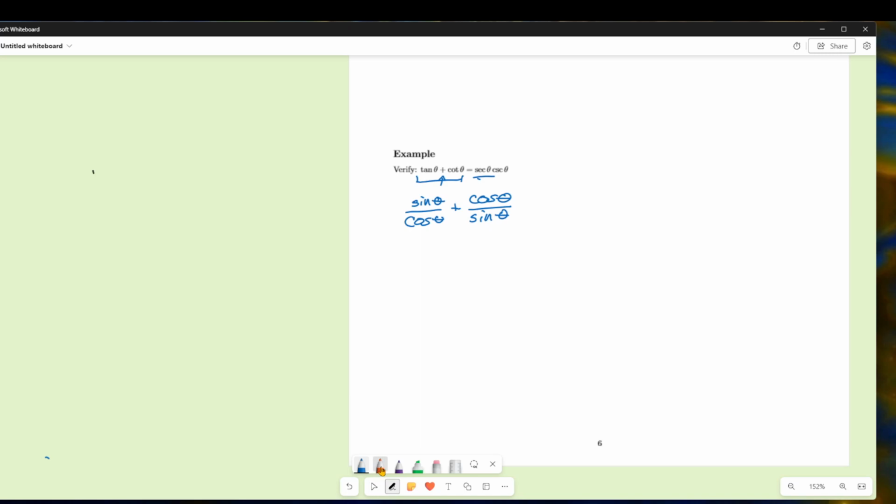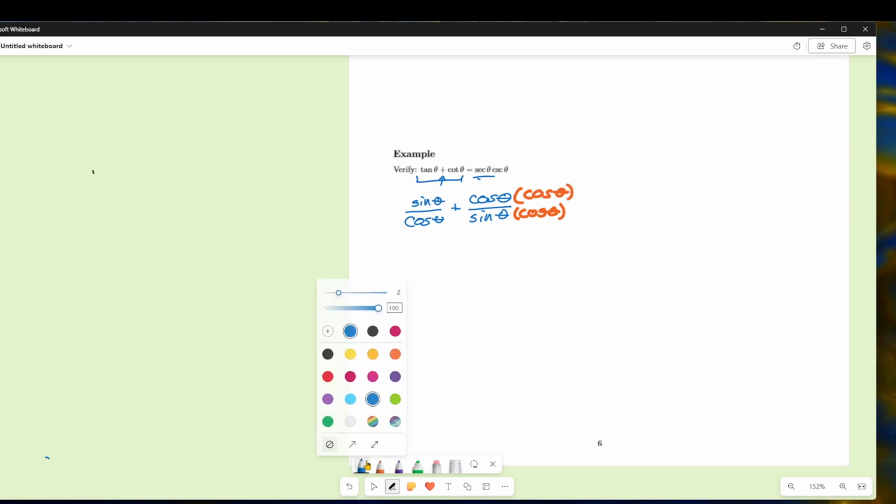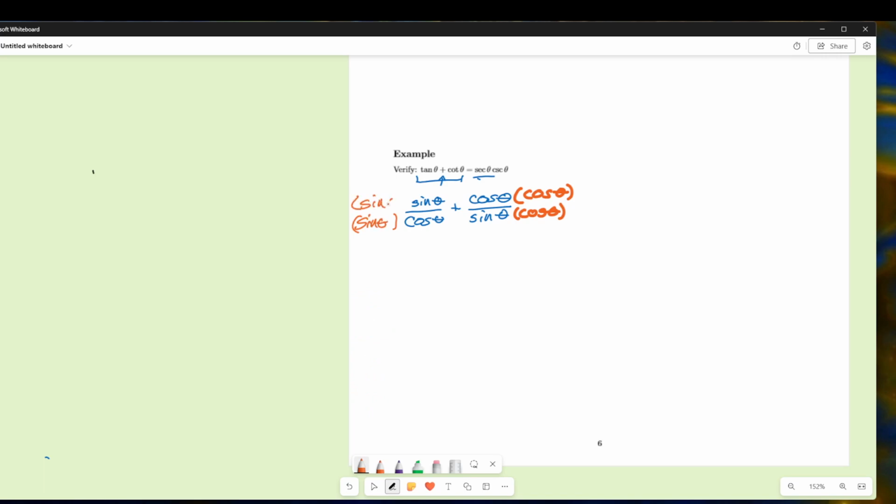Then for common denominators, we'd have to multiply this by cosine theta over cosine theta, and this side by sine theta over sine theta, to give us that common denominator of sine times cosine.